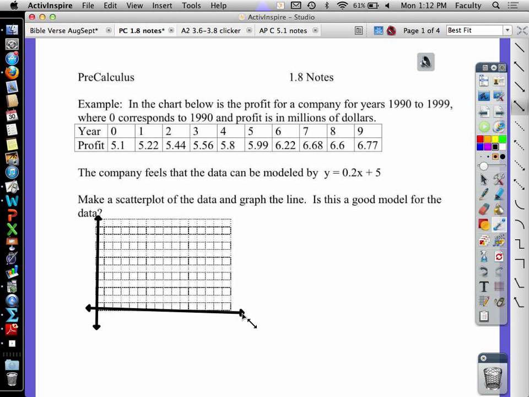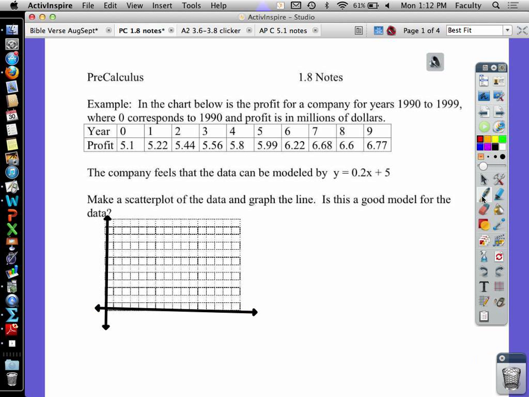Since this is all first quadrant, I'm going to make my grid that way. It looks like on the x-axis I can go by ones. But if you see my decimals, they're awfully close to each other.